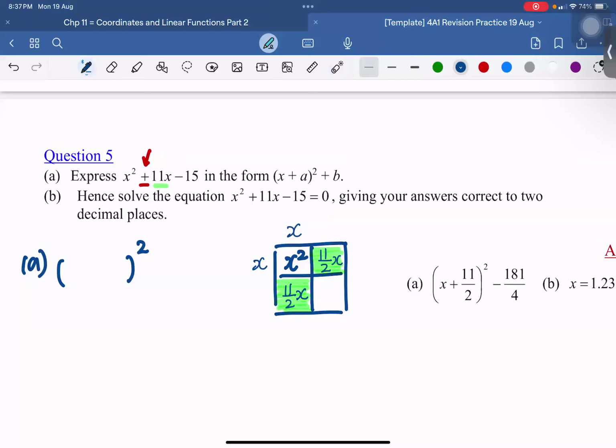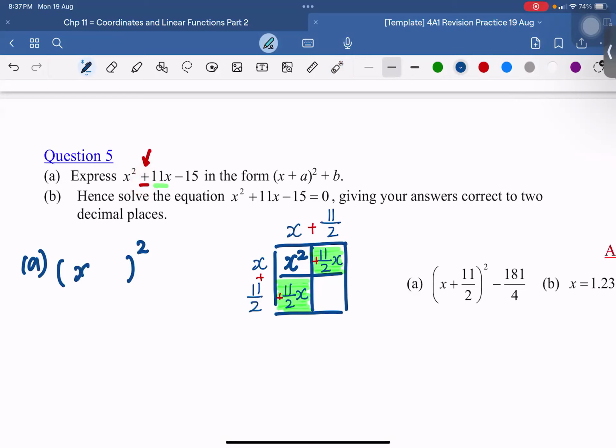So I put the number 11 over 2. Follow the sign over here. This is plus, meaning both of them are plus. So I've completed my first part.